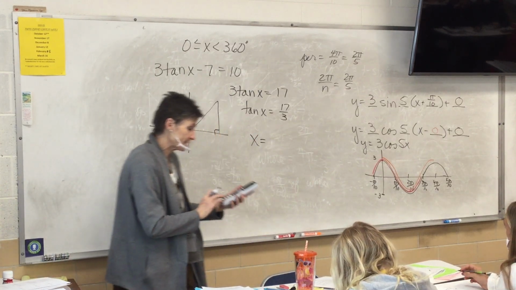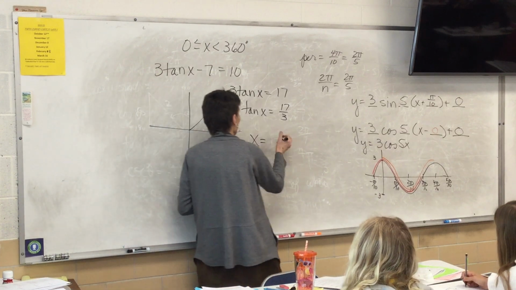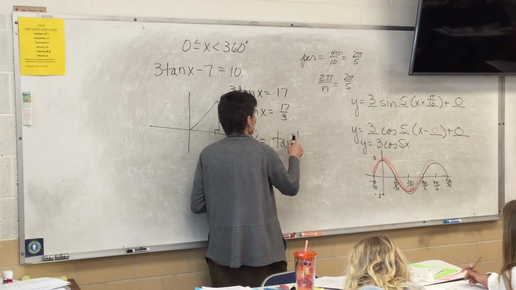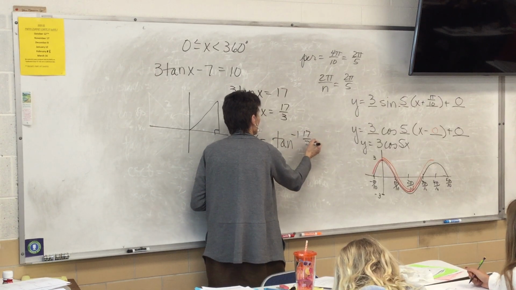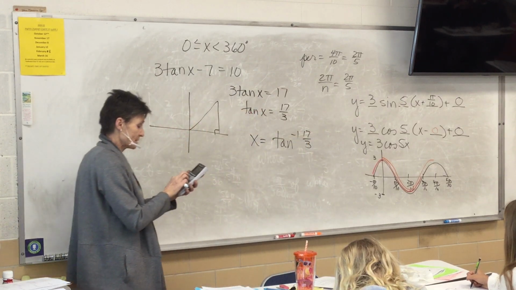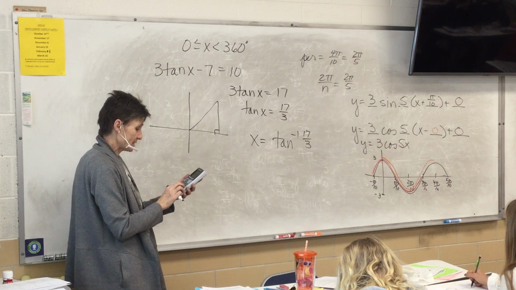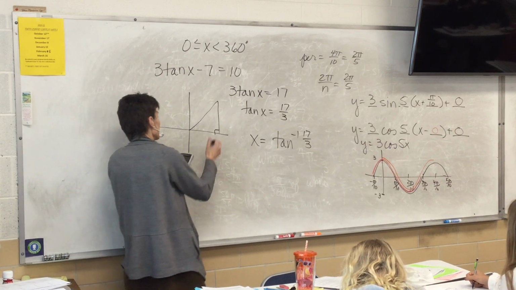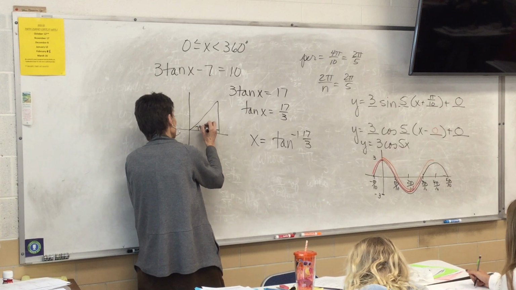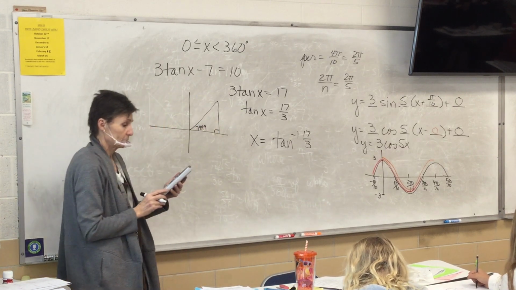Second tangent. Second tangent, yep. The only way to find an angle is to use your second tangent, second sine, second cosine, whatever. So second tangent, 17/3. Make sure you're in degrees. Did you get 79.99?